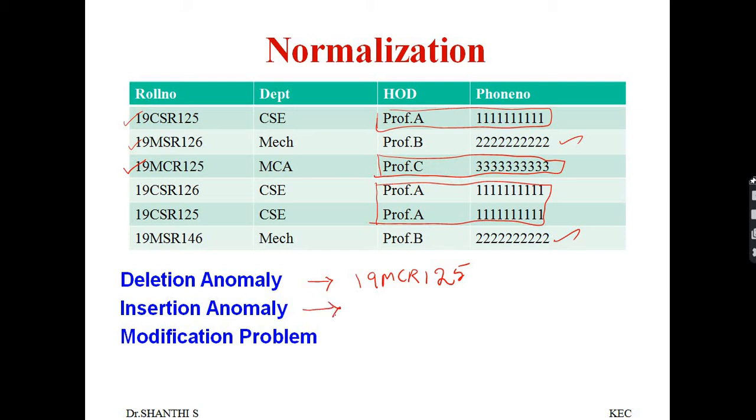What is insertion anomaly? Suppose I want to insert a new department, food technology. I want to insert the department name food technology, the head of the department Professor D and the contact number. But right now there are no students in food technology, so it is not possible to insert this information into the table.